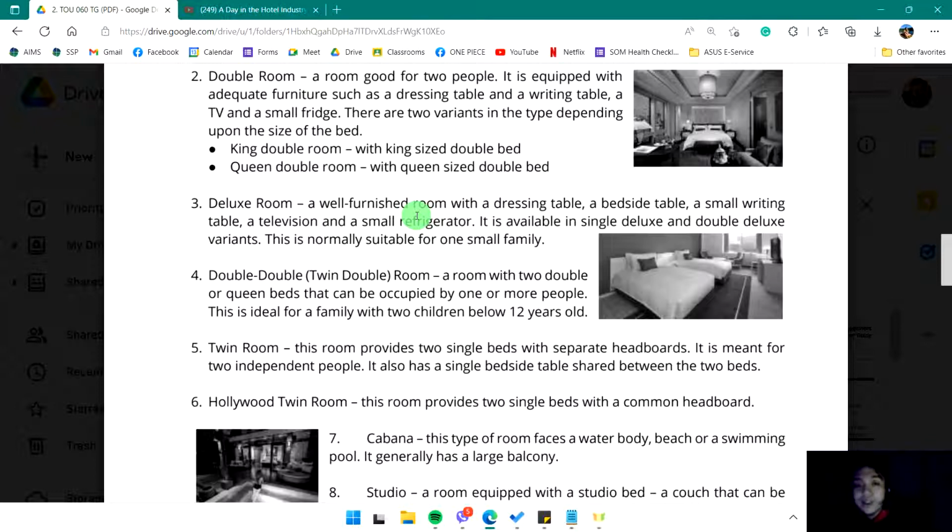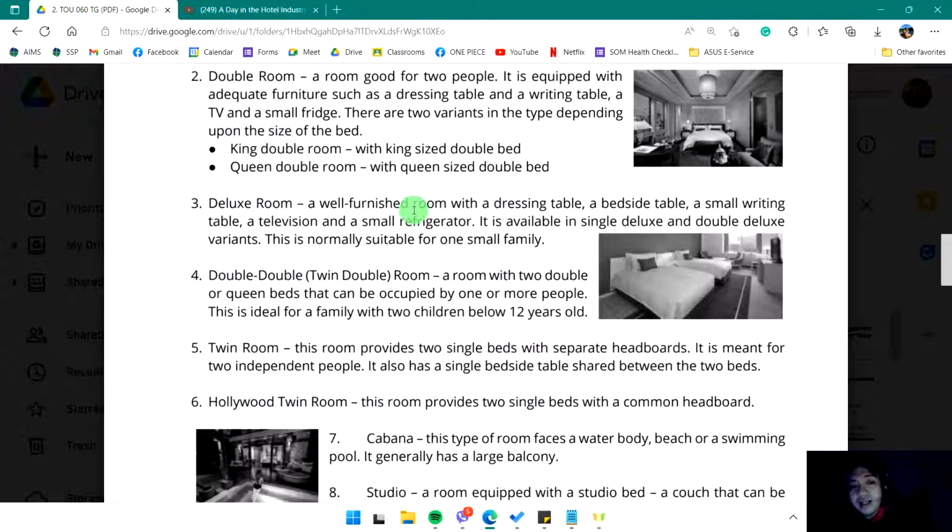Mas kompleto yung amenities niya, mas marami siyang extra amenities na masasabi natin or yung mga luxury amenities natin. Dressing table, bedside table, may small writing table pa, television, and as such, no? Maraming klaseng pwedeng i-elevate dito sa deluxe room.